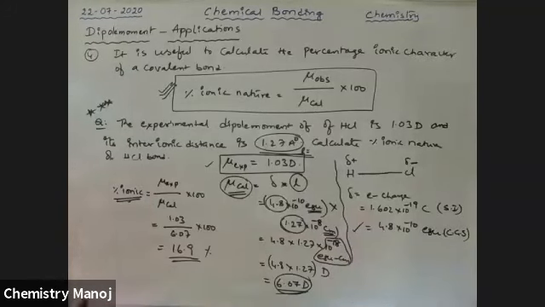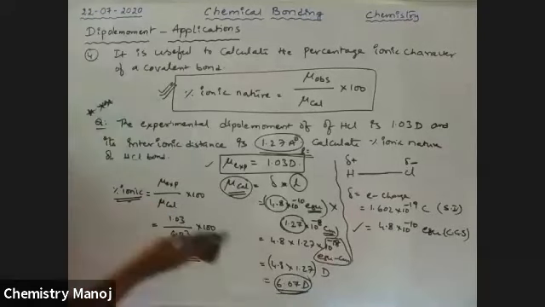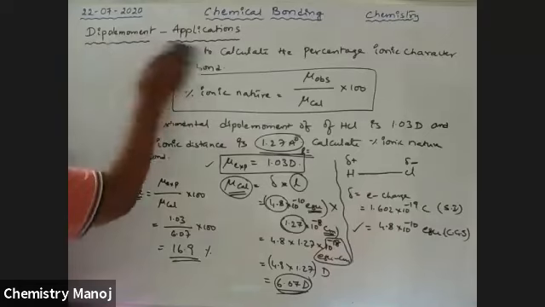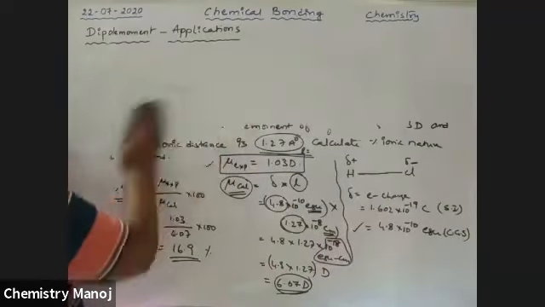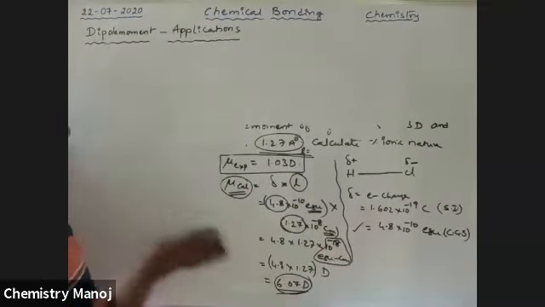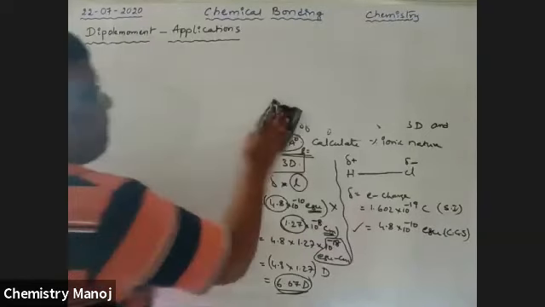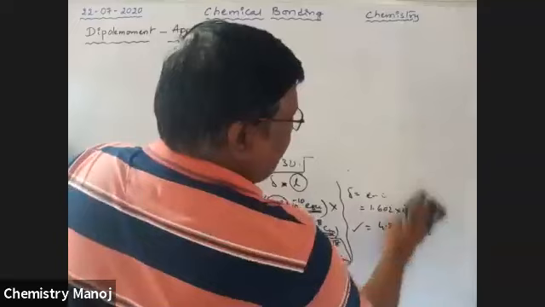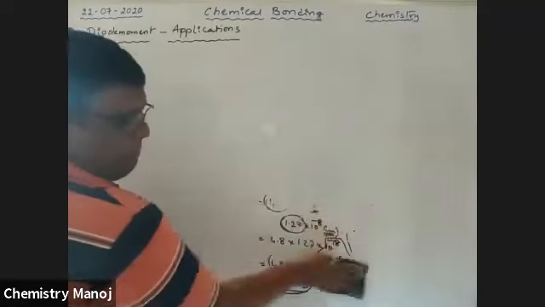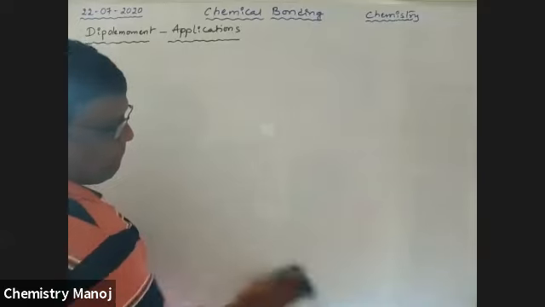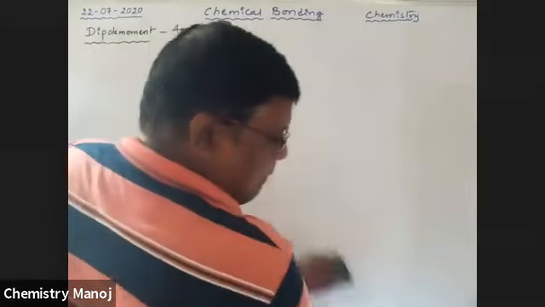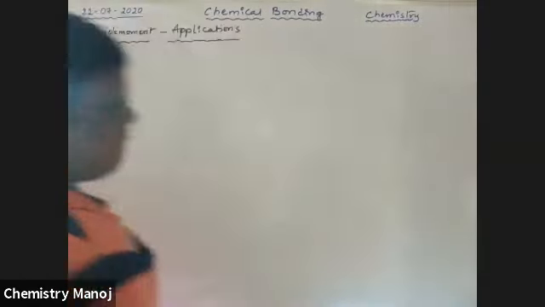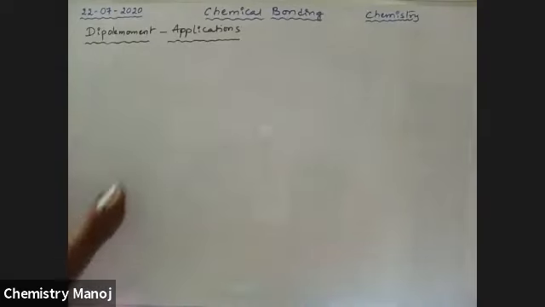This is the way to calculate the percentage ionic nature of covalent bonds. Next, that is another application.